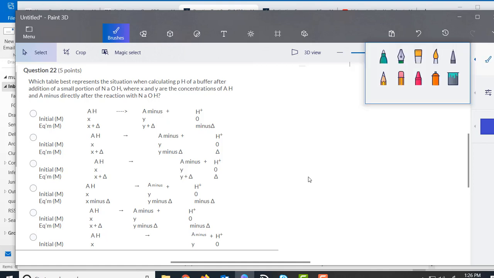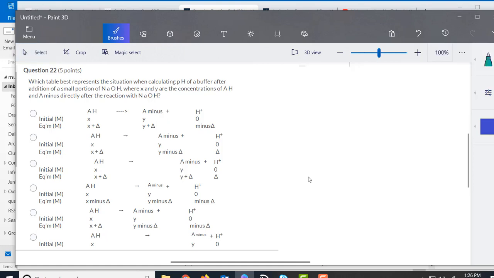So let's draw some pictures here. Initially, the situation will be that you'll have a buffer which is going to consist of A minus and AH. And then you can add either OH minus, as it is in this case, or H plus.